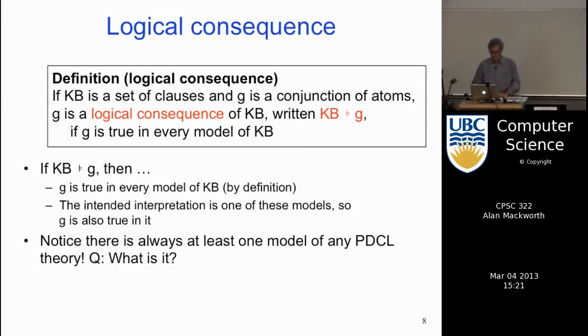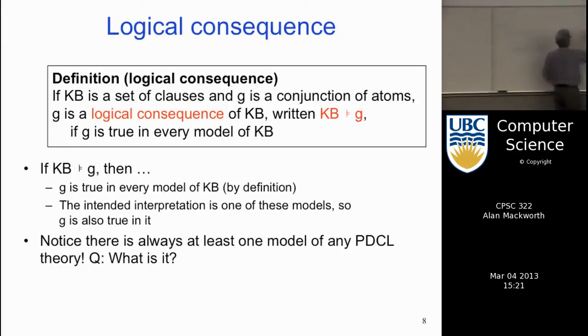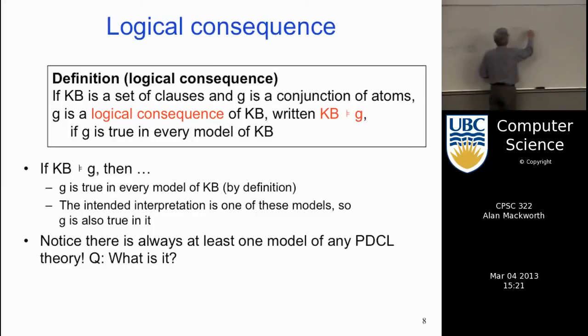That's an important theorem. As soon as I start adding negation or anything else, I don't even have to go to first order, I can do it in propositional. I could write down a propositional theory, P, not P. There's no model for that. If P is true, then this is false.